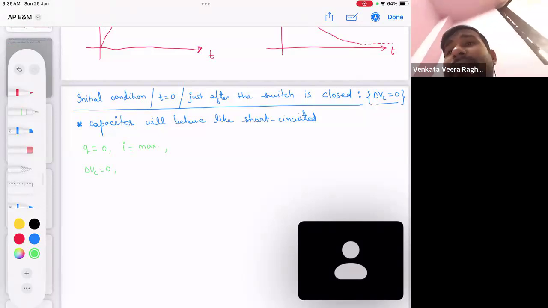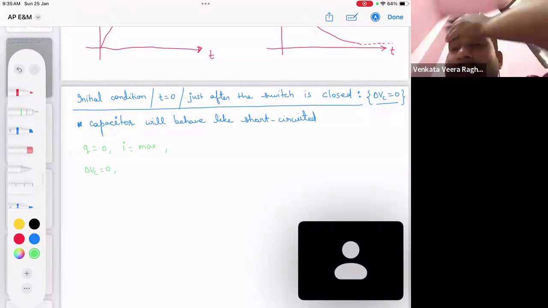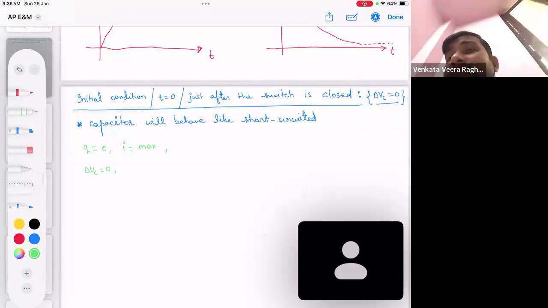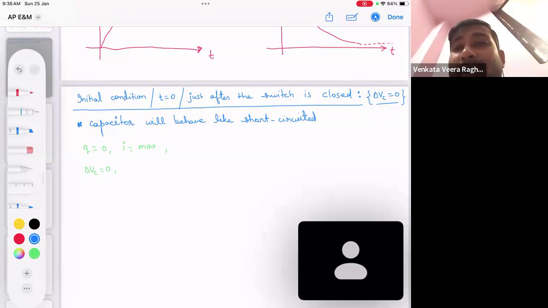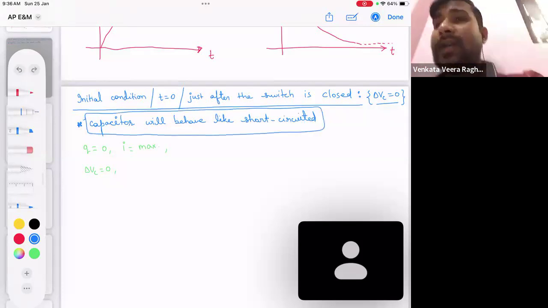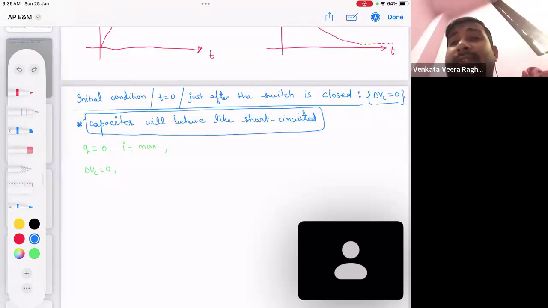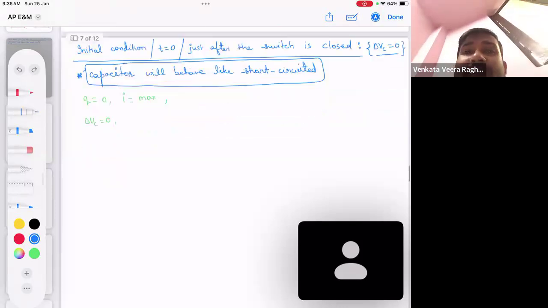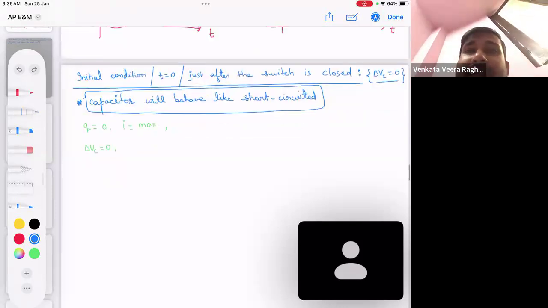I will take an example and show you how the circuit will look at t equal to 0 and t equal to infinity. Understood? This is the most important thing about capacitor properties just after closing the switch. Just after closing the switch, a capacitor will always behave like what? The short circuited one. Okay, please understand this condition.